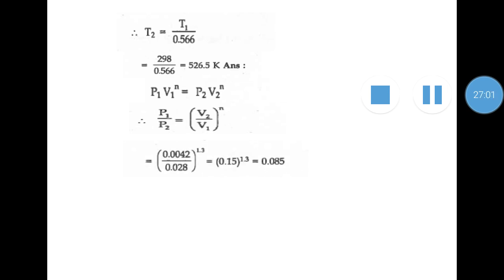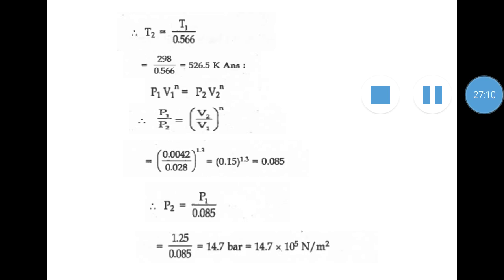Next, P2 we don't know, so P1 divided by 0.085, we can calculate P2 as 1.25 divided by 0.085, that is 14.7 bar. It is coming directly in bar, and we have to convert it into Newton per meter square, that is 14.7 into 10 raised to 5 Newton per meter square.